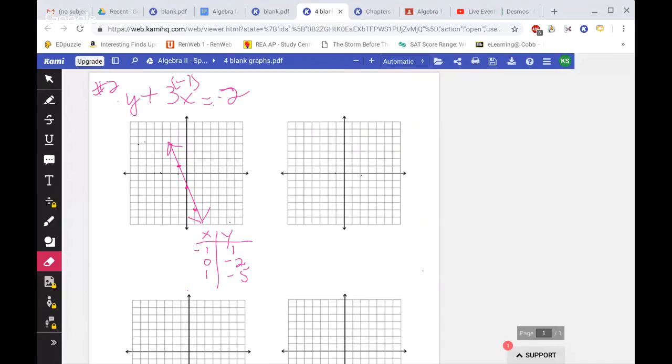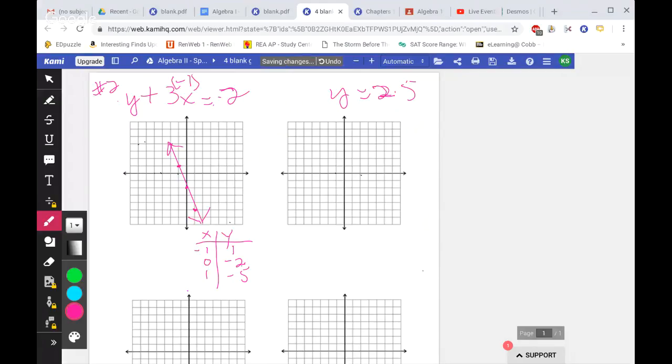I just wanted to make a point about the fact that number 3, y equals 2.5, is going to be a horizontal line, because y is basically going to be 2.5 no matter what the x is. If x was 0, it's going to be 2.5. If x was 1, it's going to be 2.5.